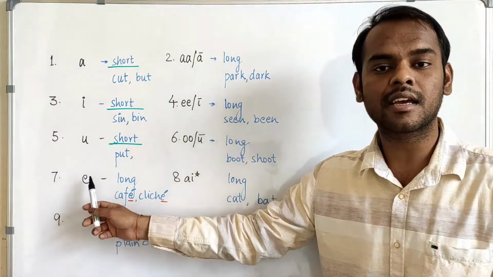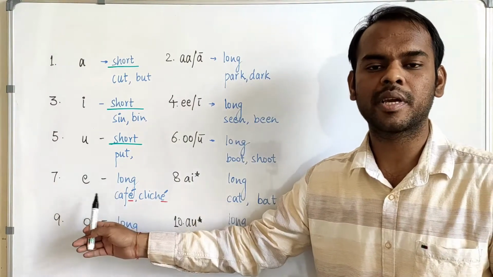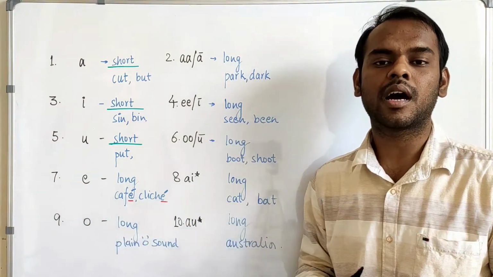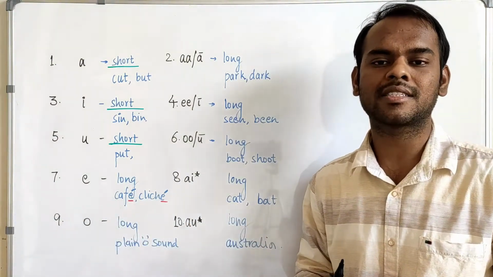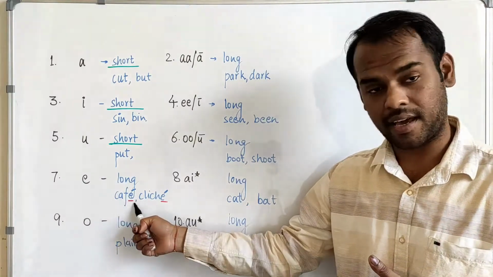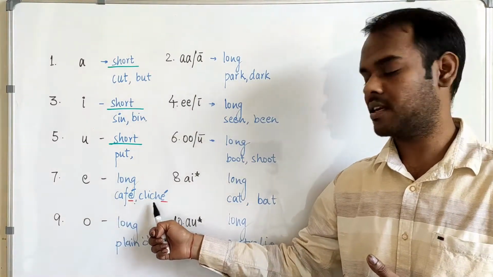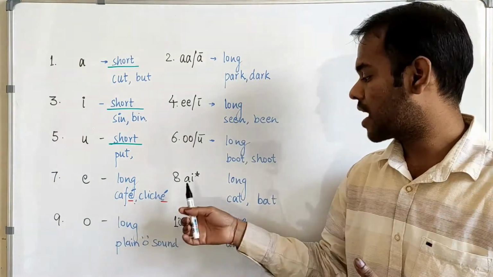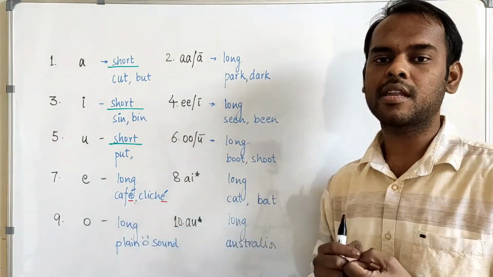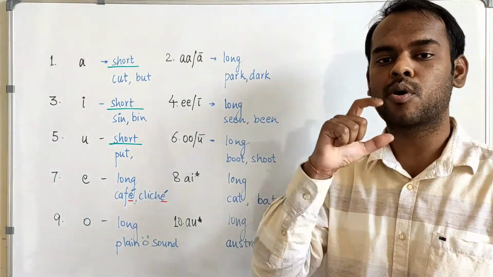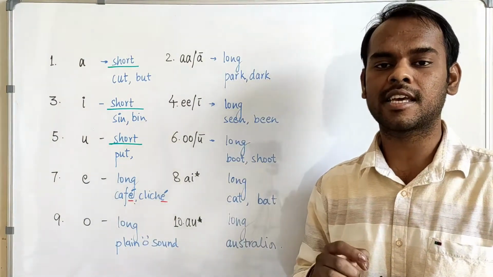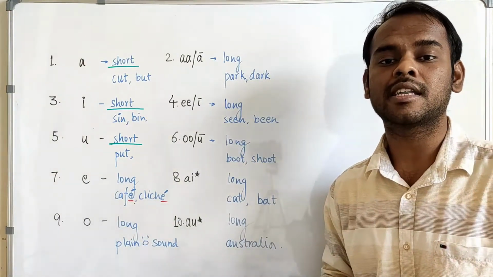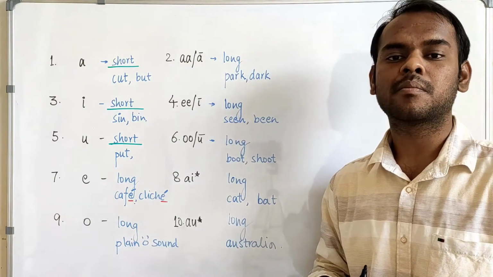Now coming to the next. If I write a single E, it would mean a plain A sound as in cafe or cliche. But if I write AI, it would mean you have to open your mouth a bit more. Instead of the plain A, you'll say the A in cat, bat.